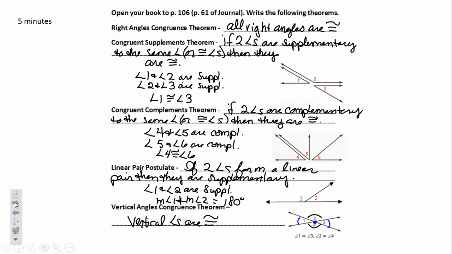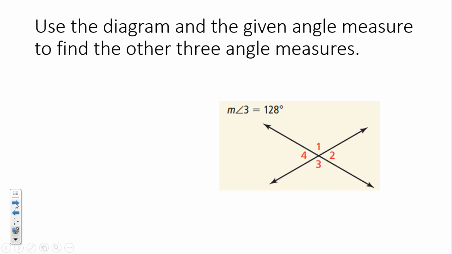All right. Now you can do some problems based on these theorems. So your first example on your sheet, for the middle right, we have the measure of angle 3 is 128. We're asked to find all the other measures. So mark it up. Write 128 here.